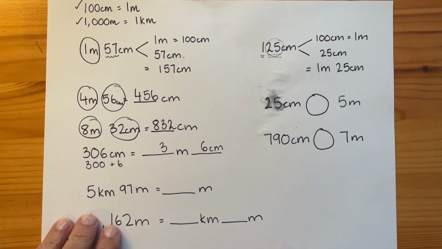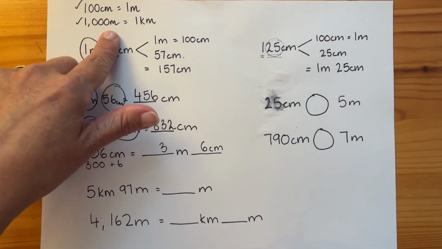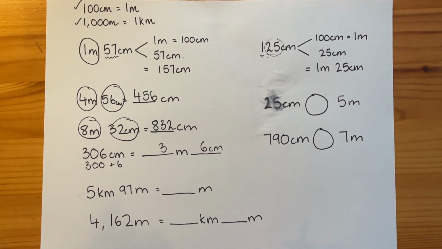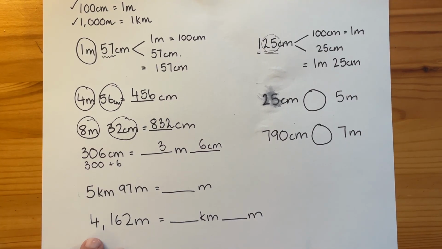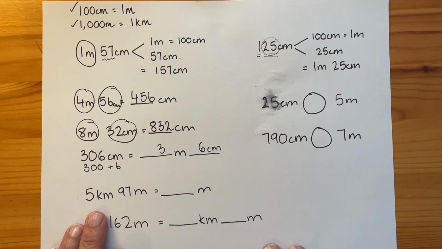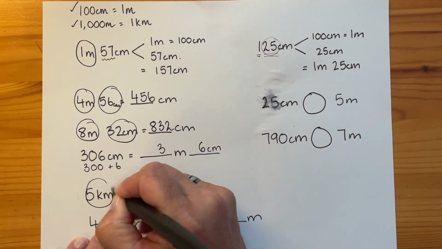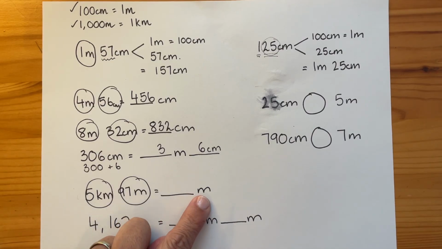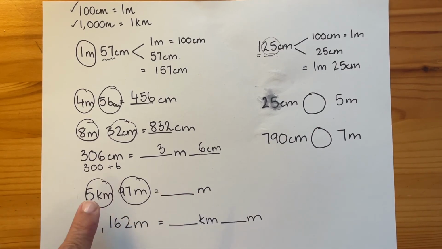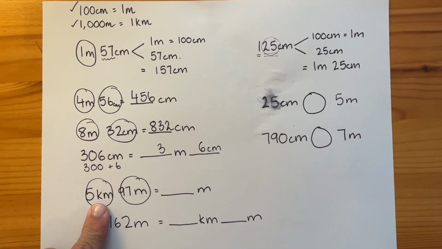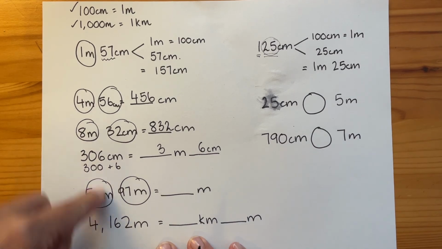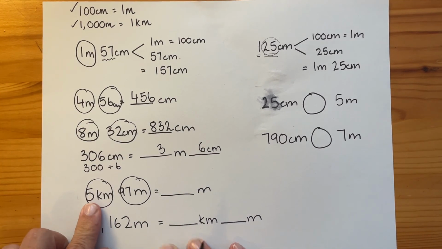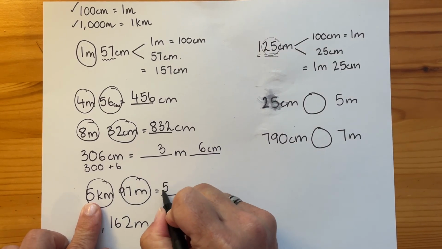And now we're going to work with a larger number. We're going to work with thousands. With thousands is just as easy as 100. We're just adding an extra 0, right? Okay, so I'm going to break this up. We've got 5 kilometers and then we have 97 meters. So if I'm putting everything into meters, I need to ask myself, well, how many meters are 5 kilometers? Well, if 1 kilometer is 1,000, then I know that 5 kilometers is going to be 5,000.